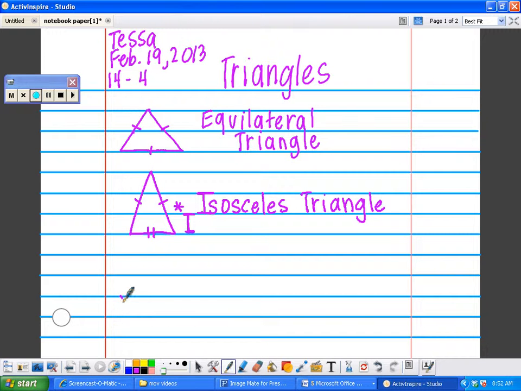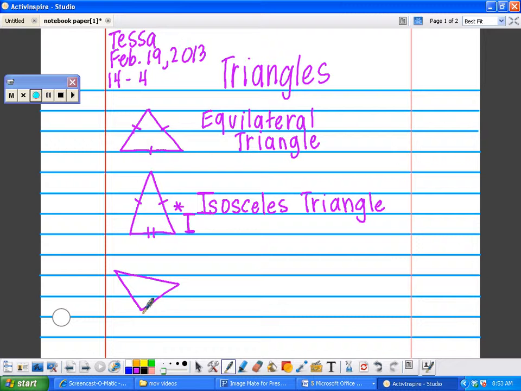Okay, so let's see here. I'm going to go down. That's a short side. Long. I don't want mine curved, and I keep accidentally curving it. There we go. Make sure none of your sides are the same length.